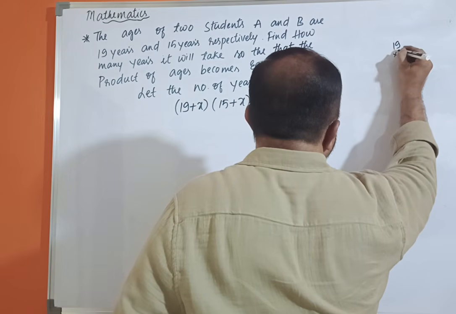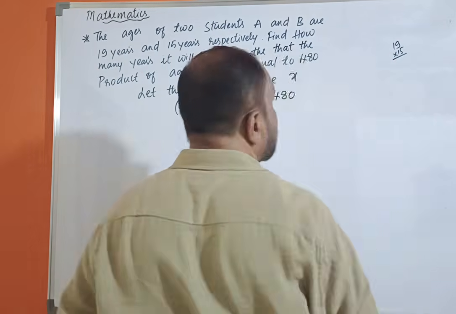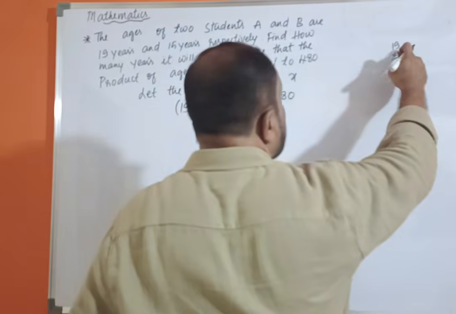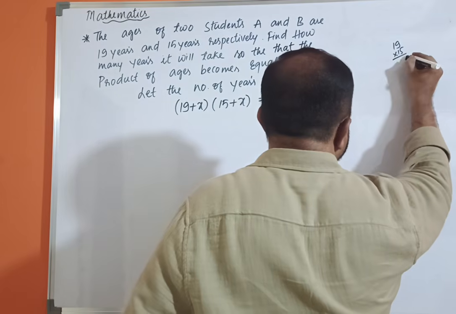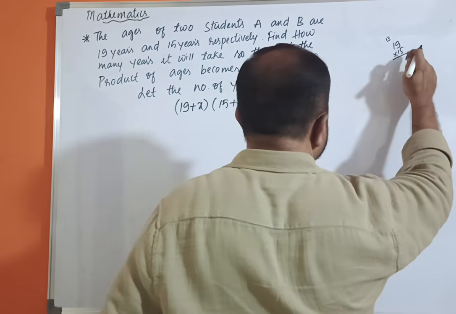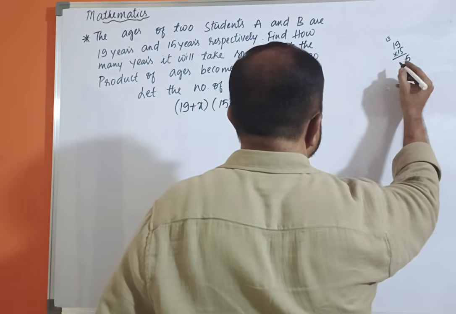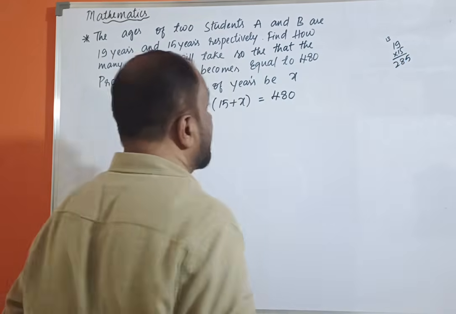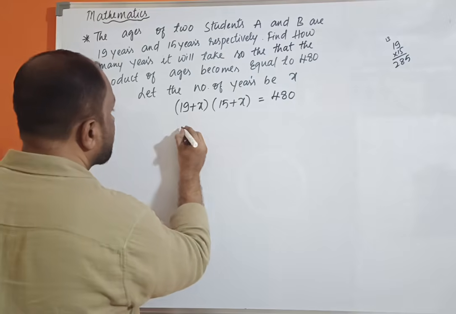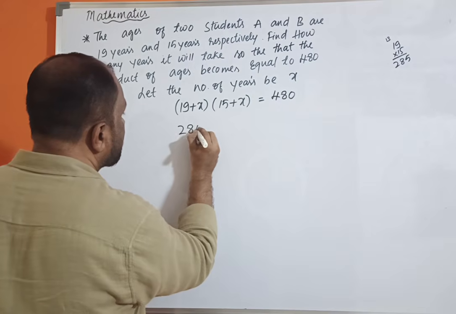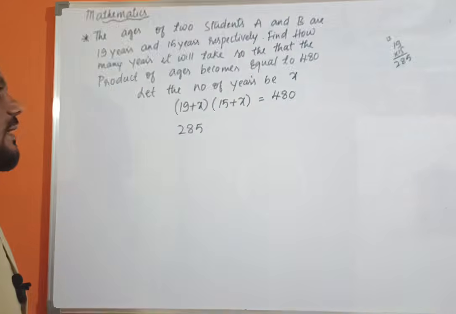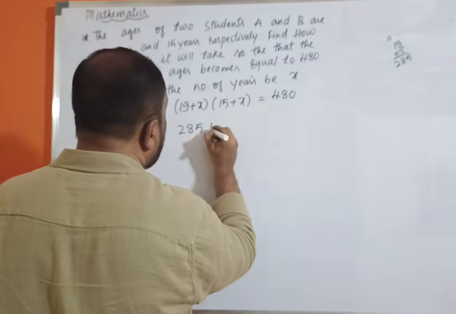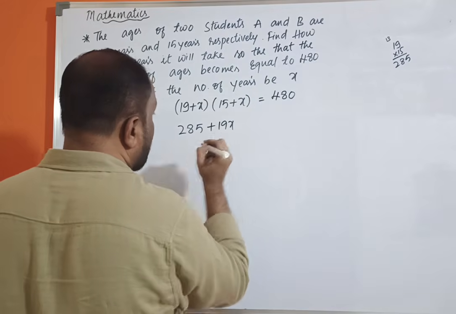19 into 15. Okay. 15 nines are 135, carry 13. 15 ones are 15 plus 13, 285. Plus 19 into x, 19x.